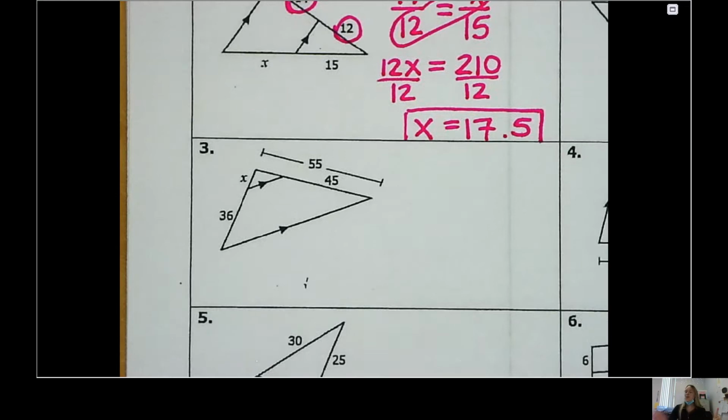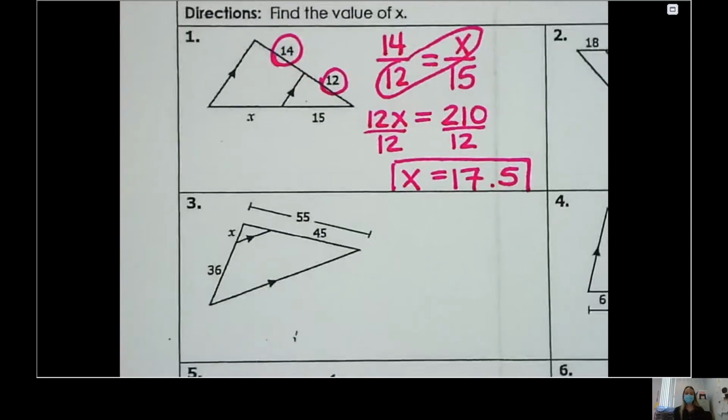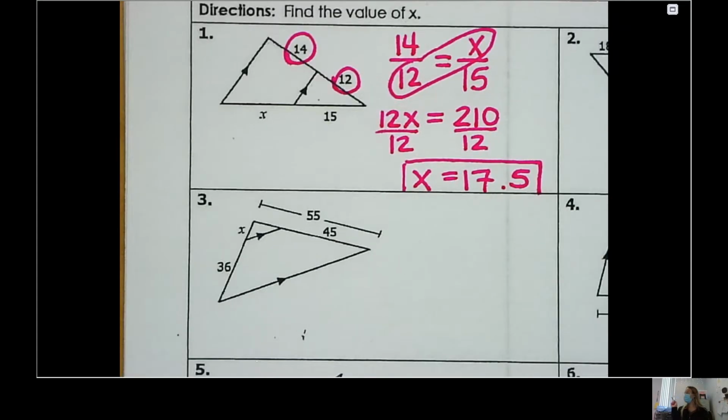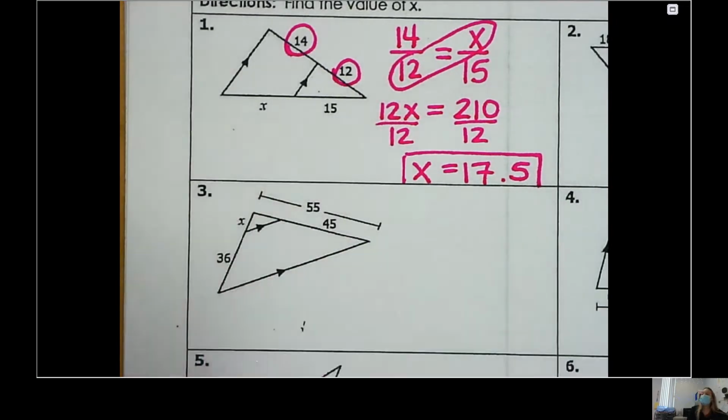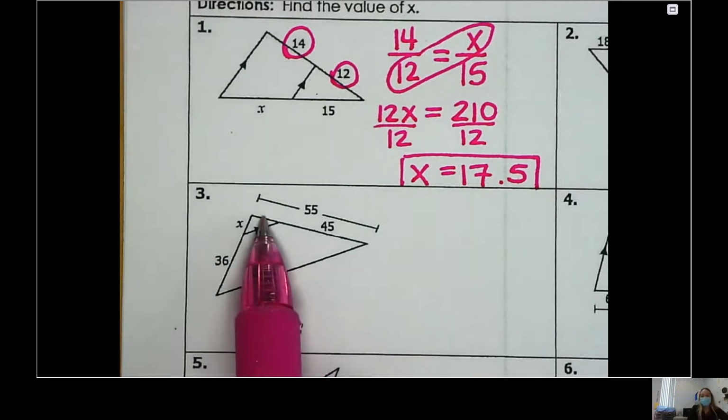What's different about number 3 versus the last one we just did? One of the sides, this time I'm telling you the whole thing is 55, but I need to know the two smaller pieces in order to write the fraction. How am I going to figure out what this little piece is that doesn't have a marking?